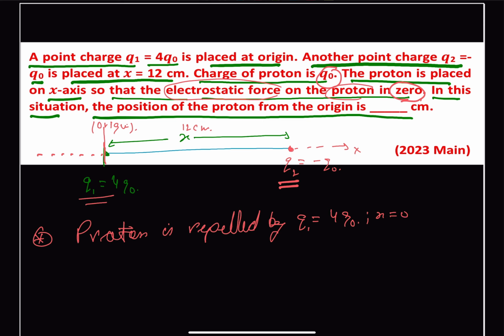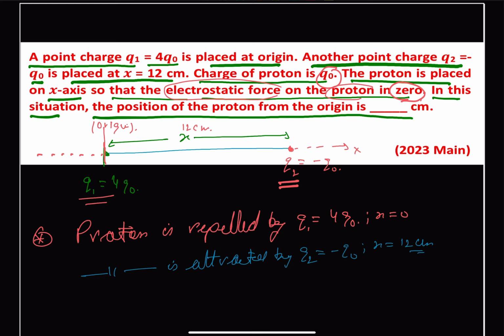In the second part, the proton will be attracted by Q2, which is minus Q naught, and it is placed at x equal to 12 centimeters.